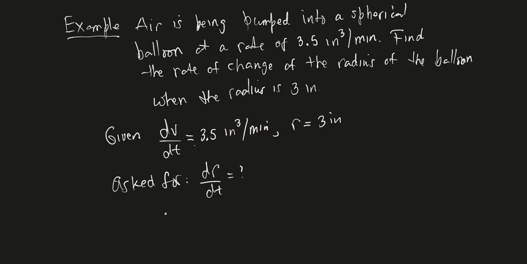Here is the relationship, right? So the volume of a sphere is 4/3 pi r cubed, right? So if I know the radius, if I cube it and then I multiply by 4/3 pi, that will give me the volume, right? So this is the equation that we need in order to answer this particular problem, right?